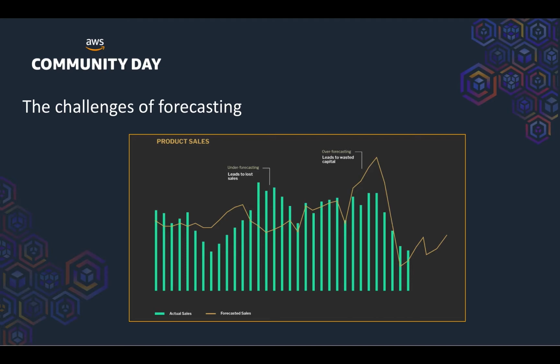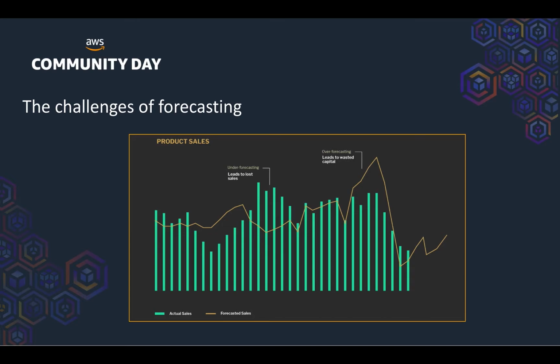Moving on, when we talk about forecasting in general, there are basically two types of challenges. As shown below, this is an example of a product's sales. The green area represents the actual sales, and the yellow line represents the forecast. If we forecast too low, like the left side of the graph, we may lose sales and also lead to disappointed customers.